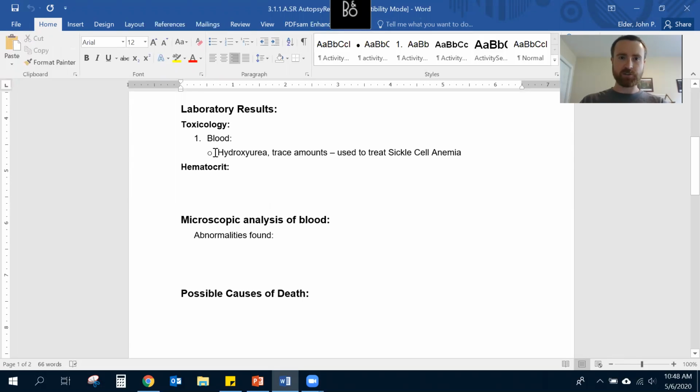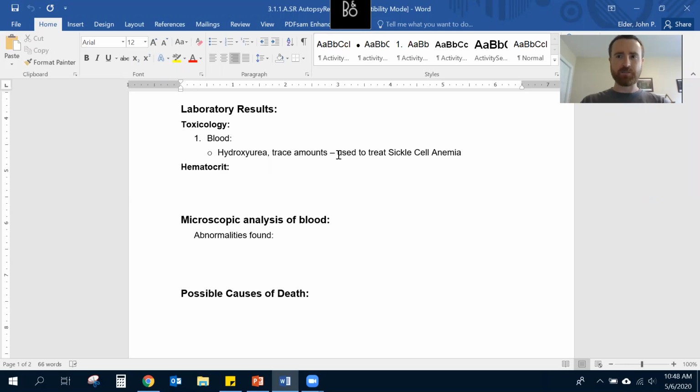Now we have our toxicology reports. In her blood, we found traces of hydroxyurea, which is a drug used to treat sickle cell anemia. If you think way back to the crime scene, we saw that Anna had a prescription for hydroxyurea, and I had you look up what hydroxyurea does. It's used to treat blood cancer, and it's also used to treat sickle cell anemia.